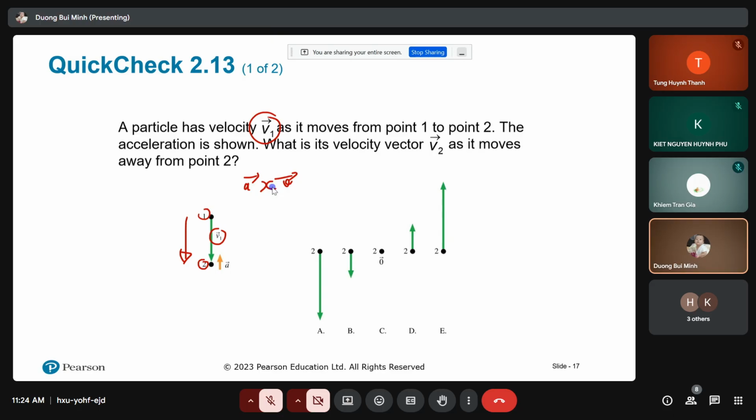Opposite. So what's its velocity vector v2 when it moves away from point 2? That means what is v2 like this, or v2 like this.